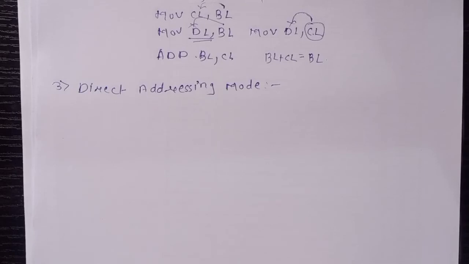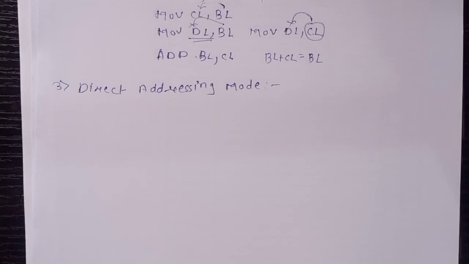So till now what are we getting? Data. In immediate addressing mode we get data directly. In register addressing mode we get data through the registers, because we had the data with us or inside some registers. But now in direct addressing mode we don't have the data.